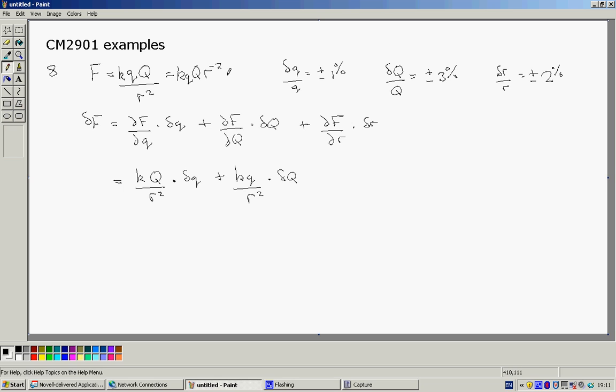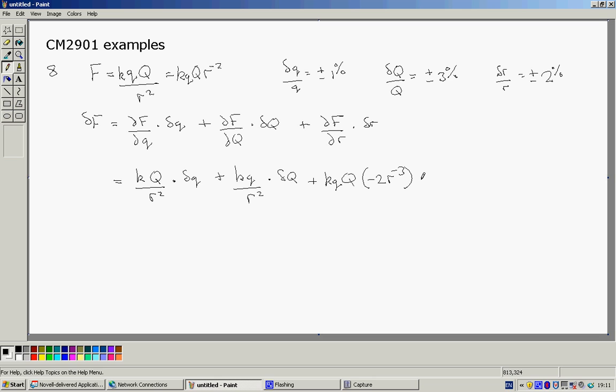That allows us to apply the power rule for the derivative of a power, so we get the constant k times small q times large Q times the derivative of r to the minus 2, which is minus 2 times r to the minus 3, or minus 2 upon r cubed.